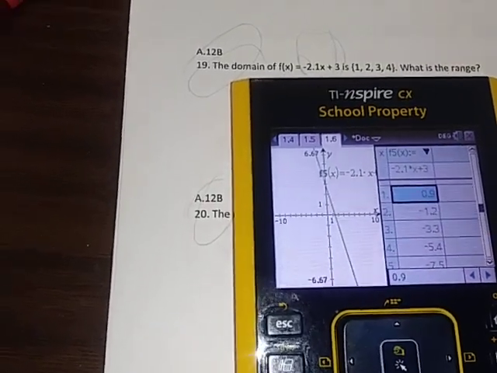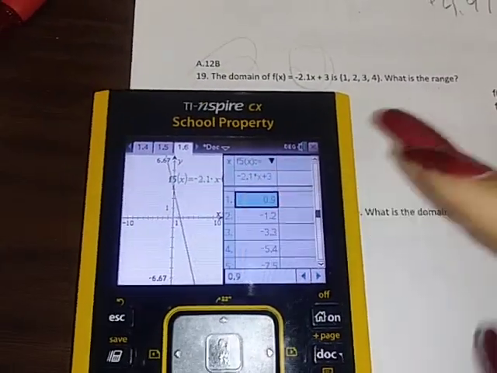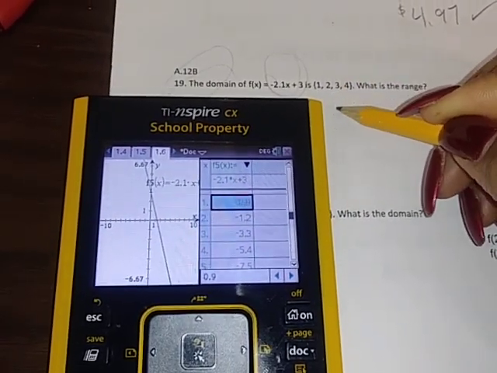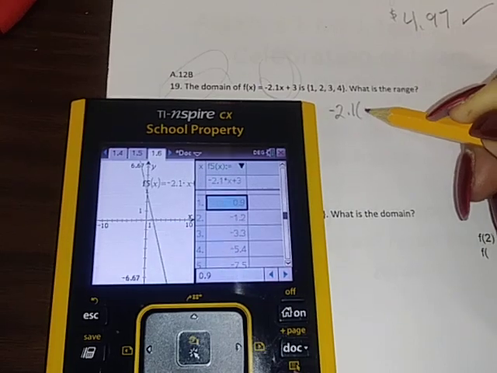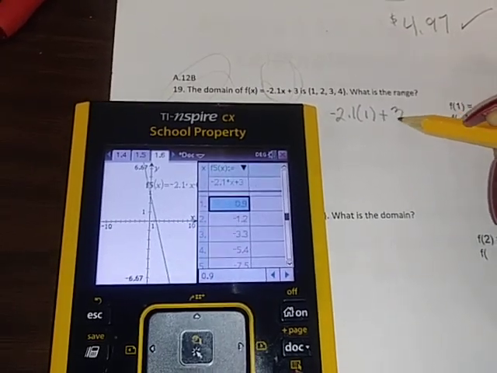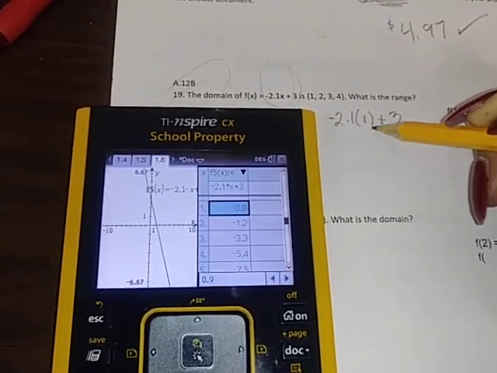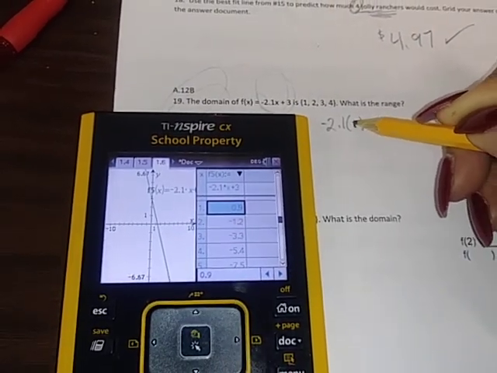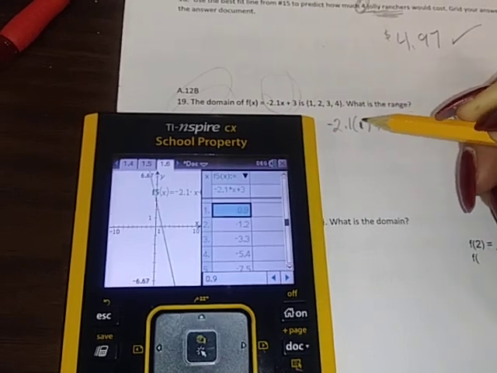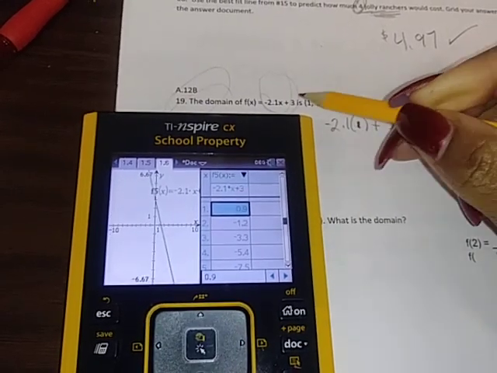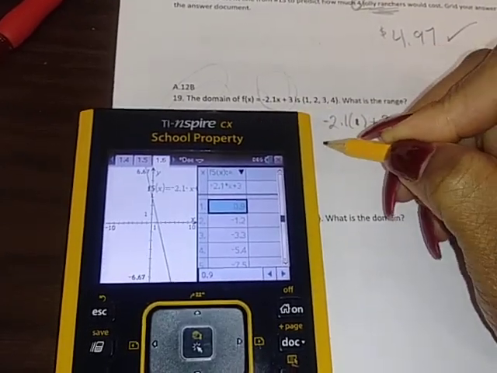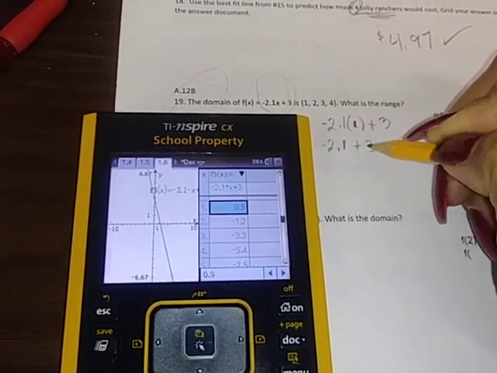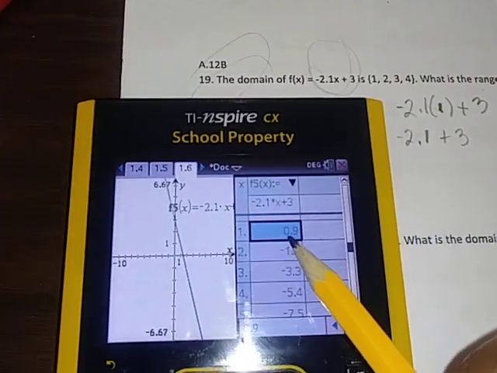That means if I take the 1, the 2, 3, 4, the domain values, and place them here, if I substitute the X values for X, that gives me just what the calculator says, 0.9.